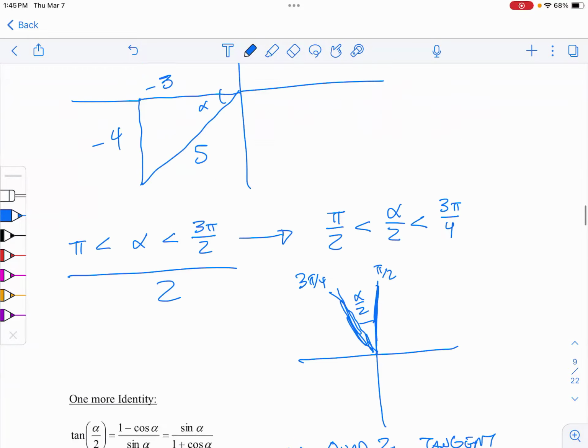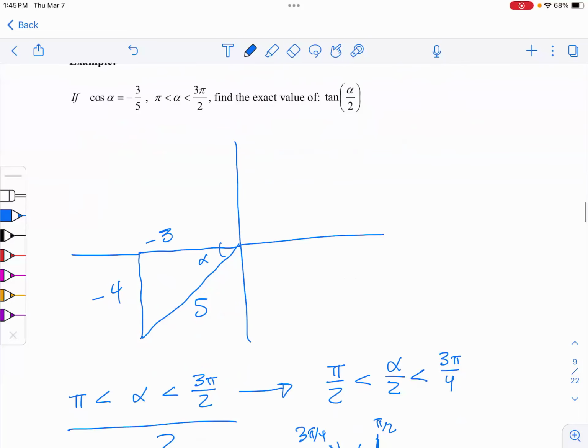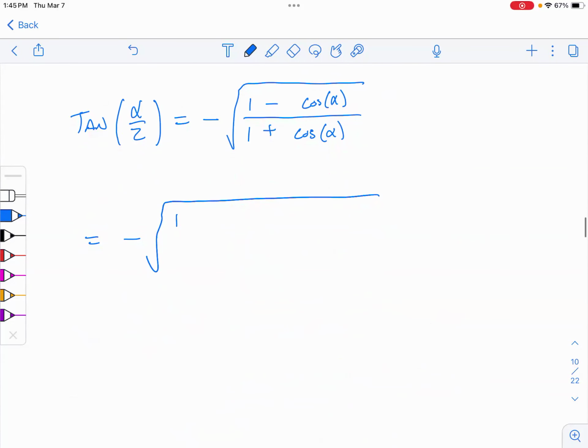So actually cosine, and we didn't even barely need to create our original triangle here because it gave us cosine. I didn't even need to find sine or anything else. And again, just remember, this is cosine of alpha. So cosine of alpha is -3/5. And then once again, just a matter of simplifying this thing down.